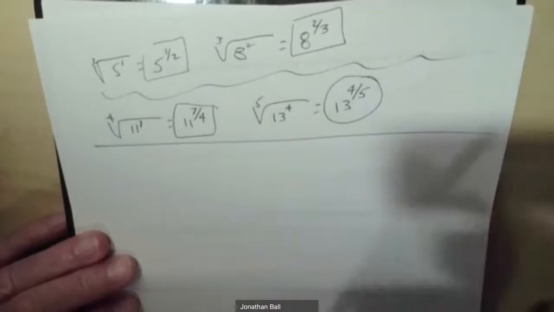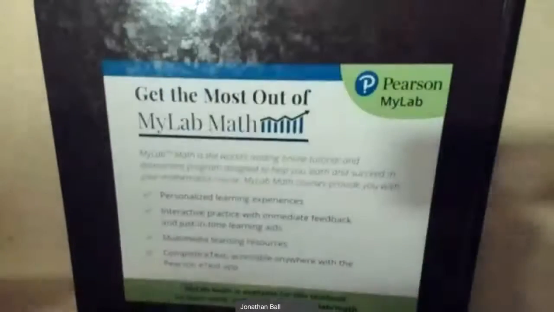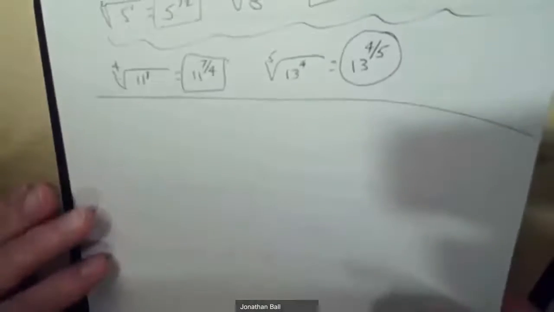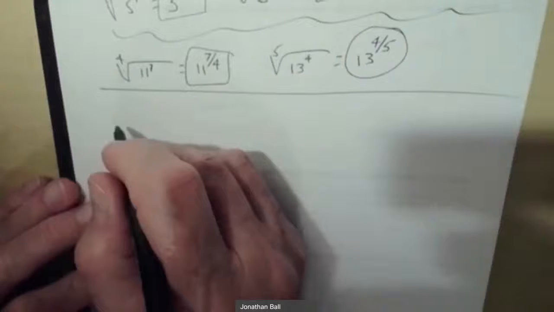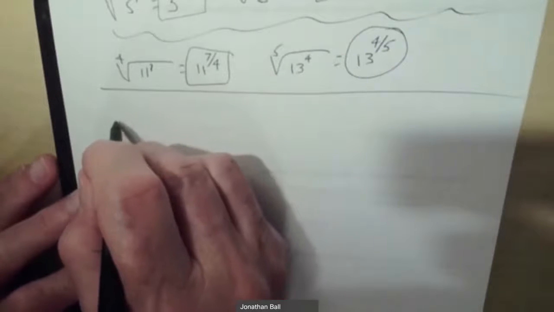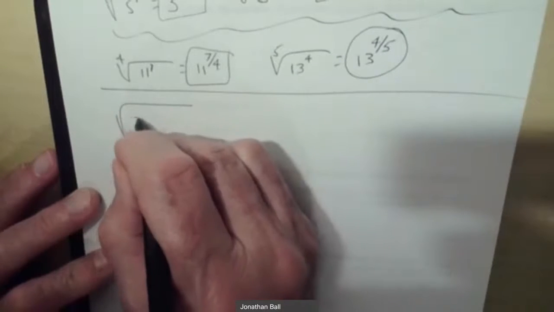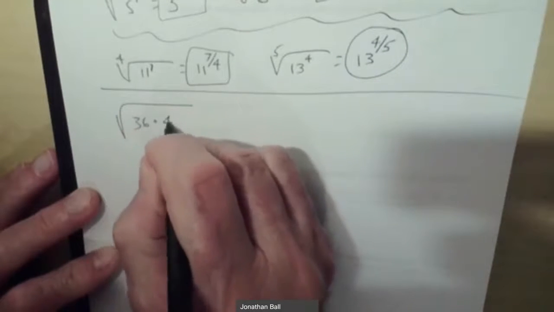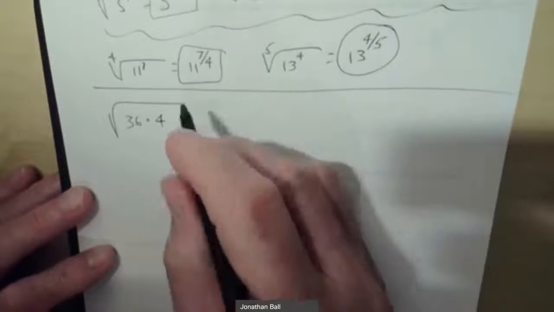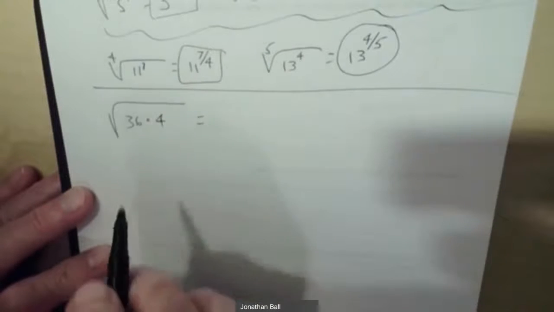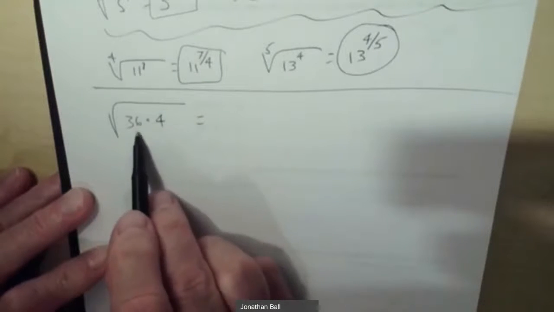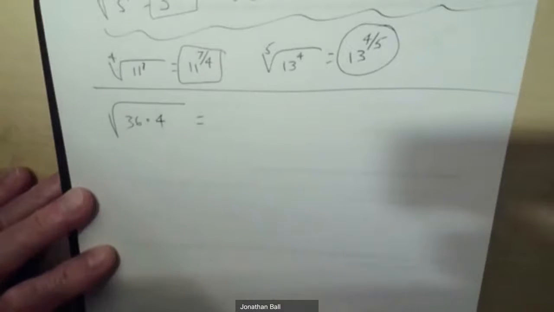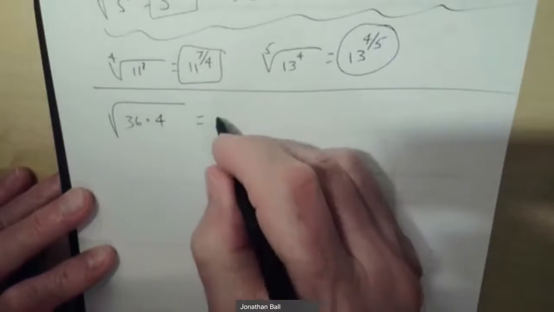Okay, let me give you a preview of what we're going to do Wednesday, and that is this. If we have the square root of 36 times 4, we can rewrite this to have each one of these numbers under a separate radical.